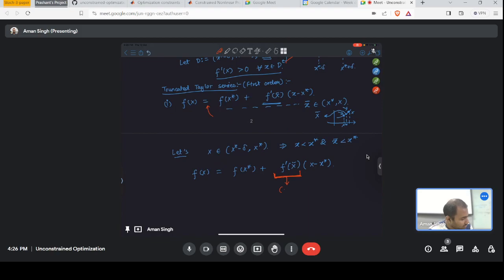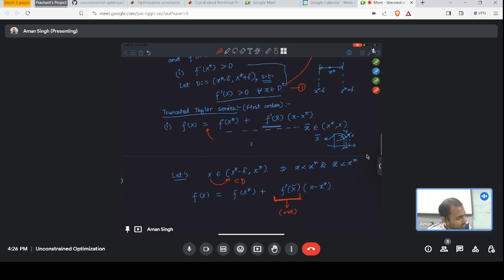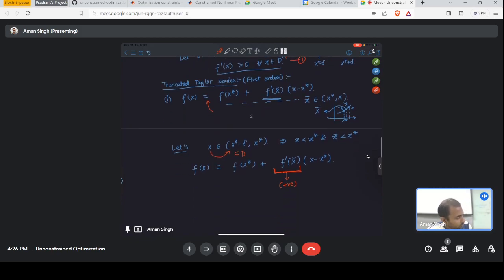So this is positive because x bar is inside D. So this is a subset of D, if you can see. And we saw above in 1 that if x is in D, then f dash x is greater than 0. So this is positive. What about x minus x star? So x minus x star is negative. You can see from here, because x is less than x star.